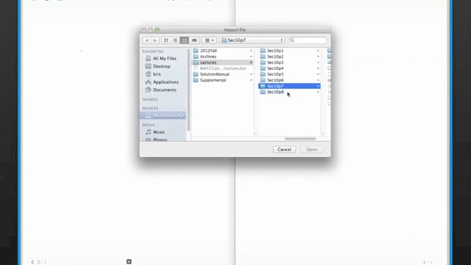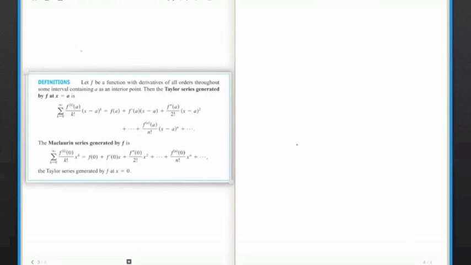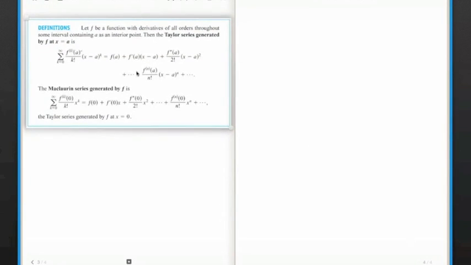We'll insert the definition of a Taylor and Maclaurin series. Right there it is. So the Taylor series is when we have x minus a, so it's more general. We know some value of a, and we're trying to find the value of x that's nearby. The Maclaurin series, we know 0, and we're trying to find some value of x nearby.